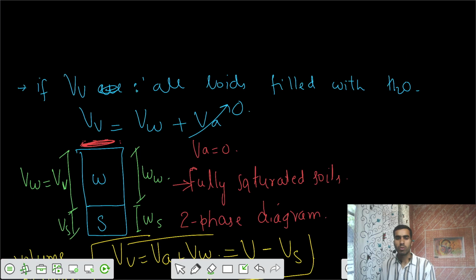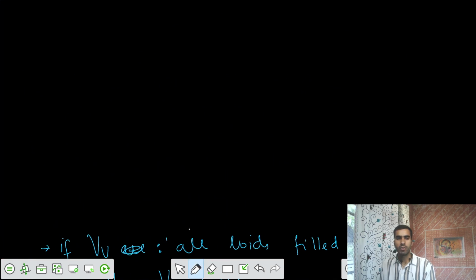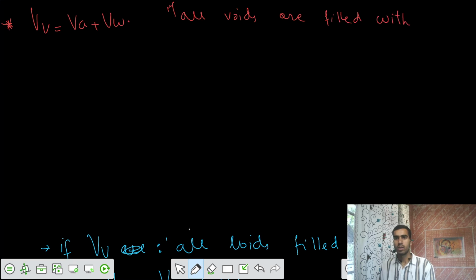One more note: volume of voids is equal to volume of air plus volume of water. Now, the second possibility is if all voids are filled with air. That means no water is present inside the soil mass.